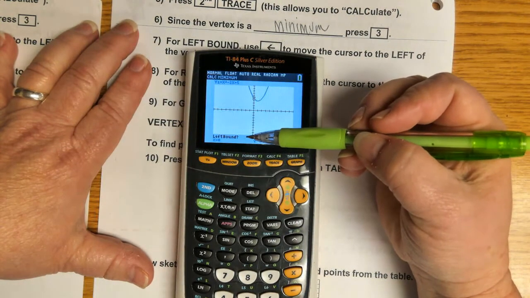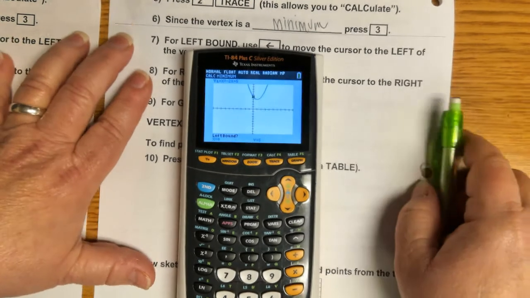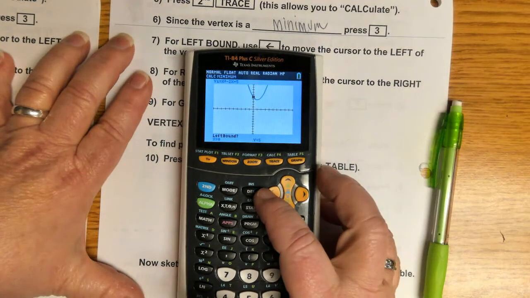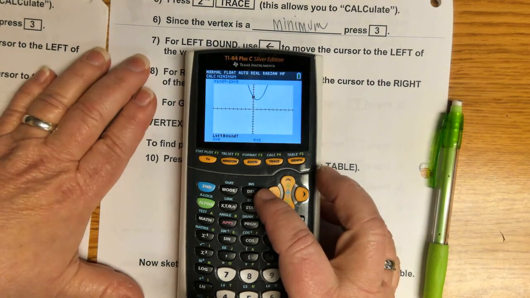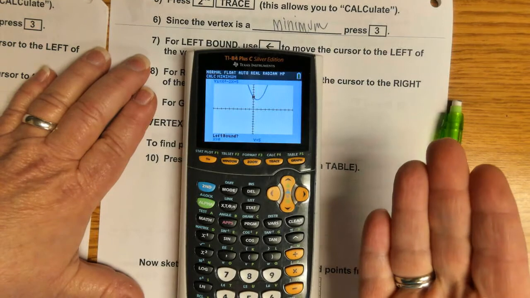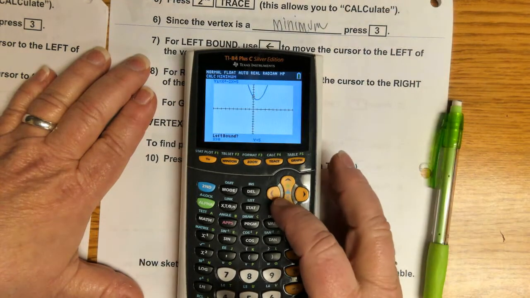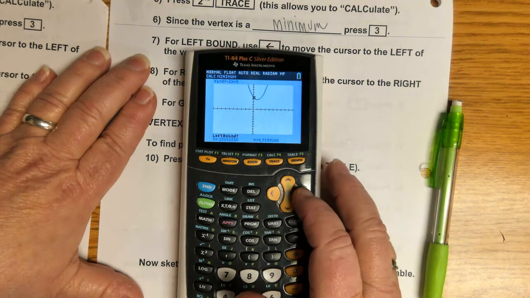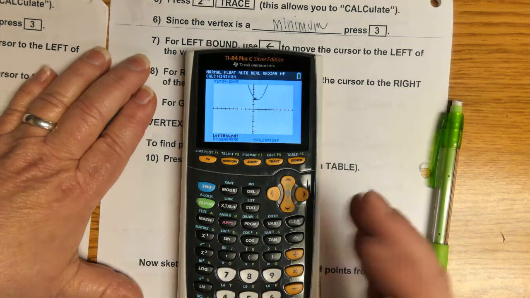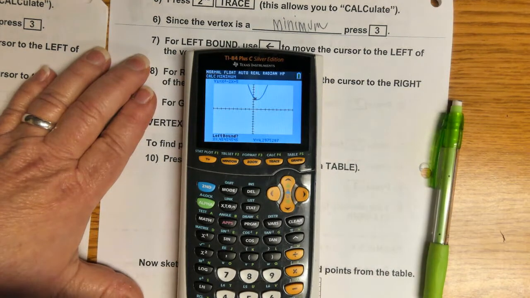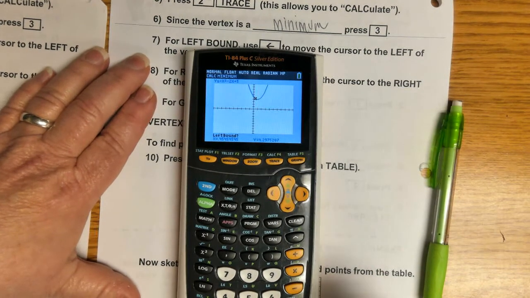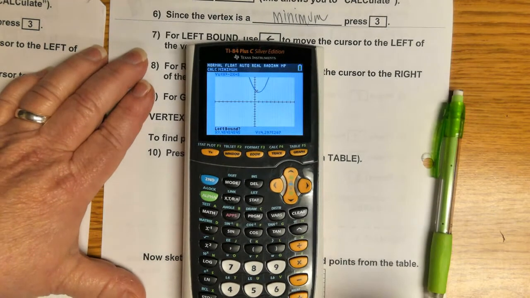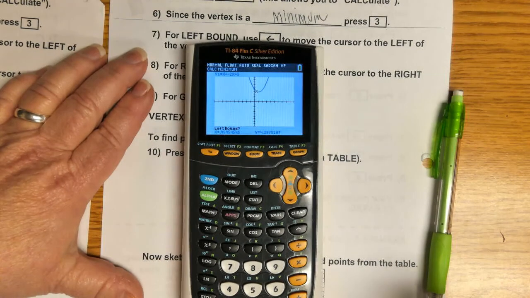Use the arrow button to move the cursor to the left of the vertex if it's not. Mine already is, but I'm going to move it closer, because mine is way off the vertex, and you want to get it very, very close. Not on the vertex, but very, very close to the left of the vertex.